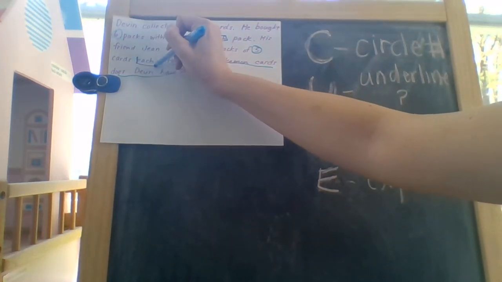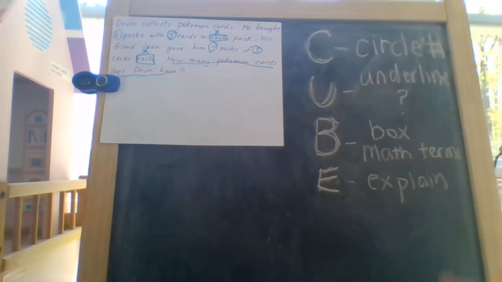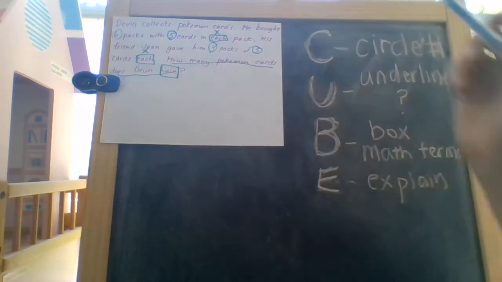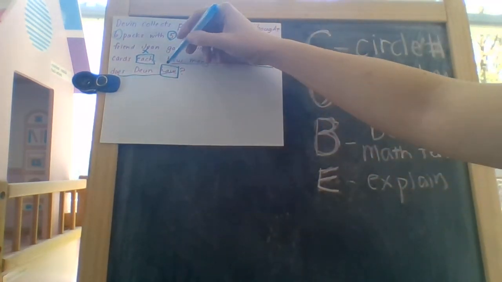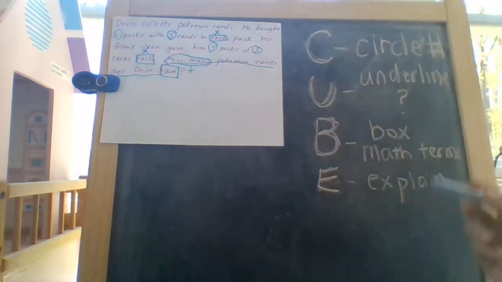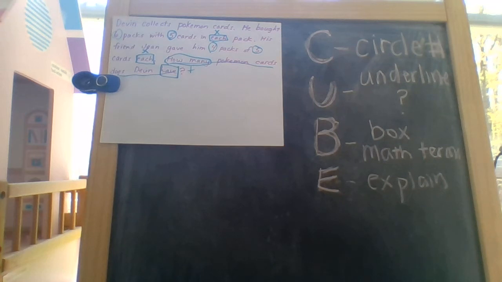Here's another each. I'm going to multiply. And I want to know how many he has. This have now, how many. All of these here are going to tell me that I'm going to have to do some adding to find a total.